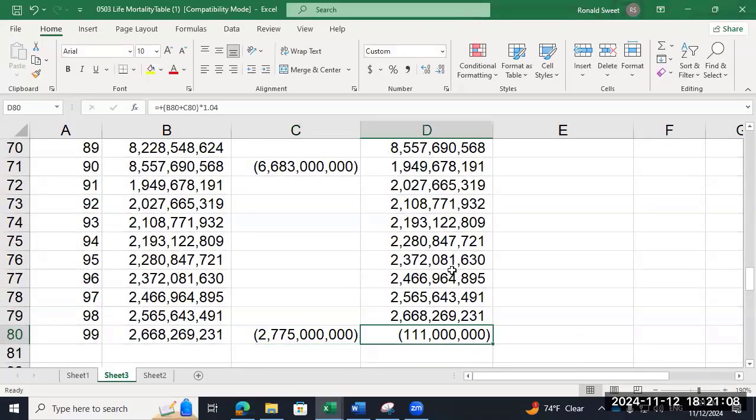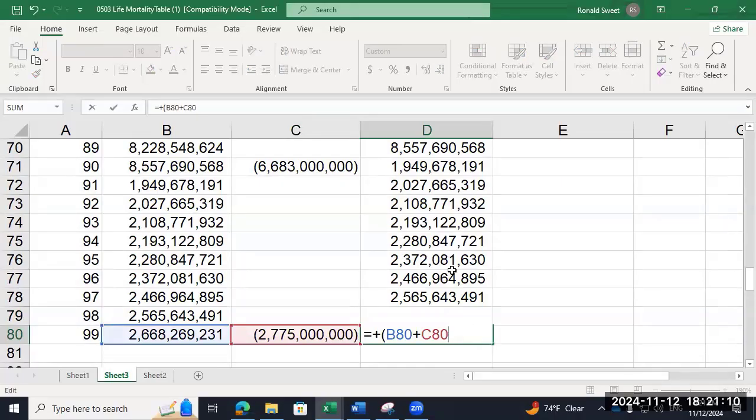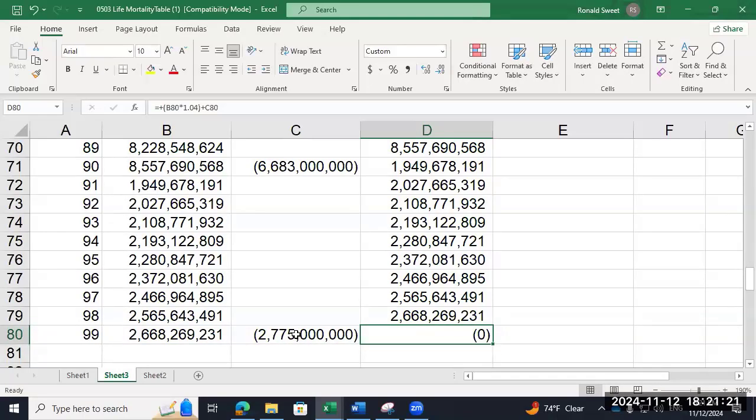How does that look? We multiply the opening by 4%, but we don't take that out. We get exactly zero. Bill Gates says it's something other than zero, but what does he know? So it works. Okay, so what did we do?